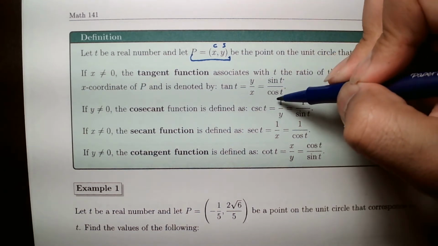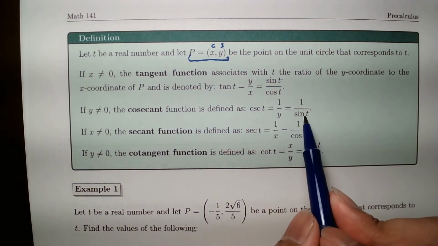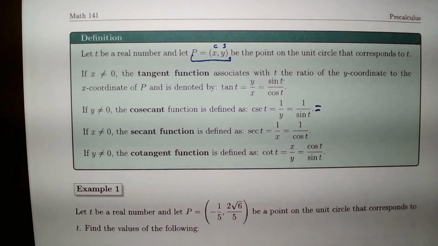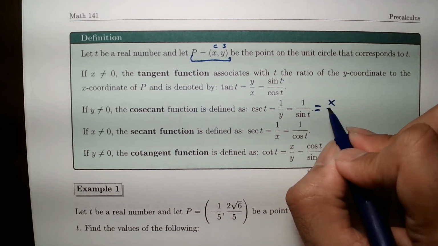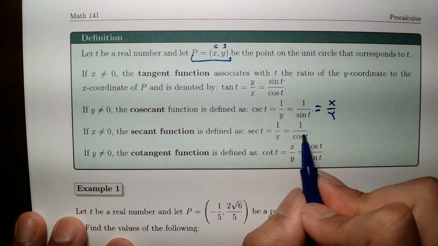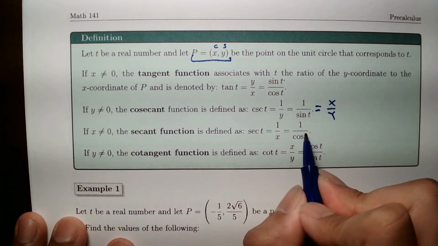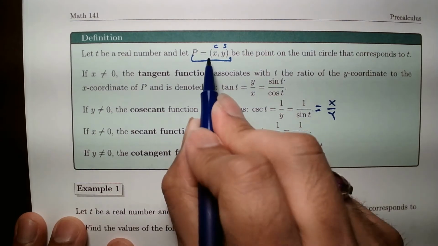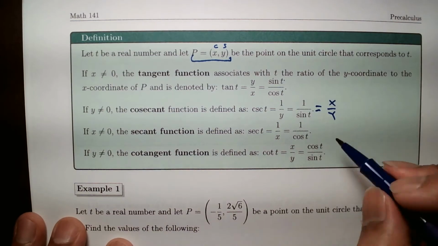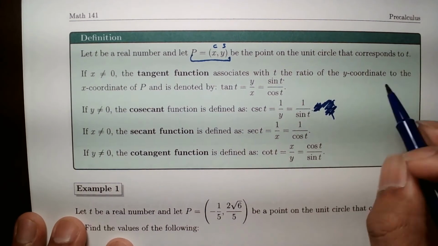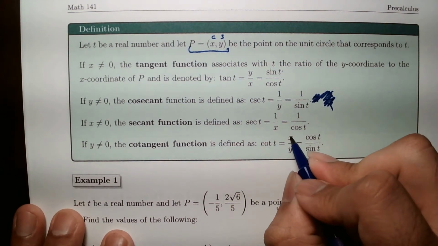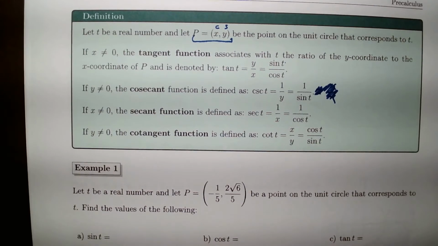Cosecant is the reciprocal of sine, which is 1 over y. And the secant function is the reciprocal of cosine. Cosine is x, so secant is 1 over x, which is 1 over cos. And last but not least, the cotangent function, that's the one that is x over y, the reciprocal of tangent.